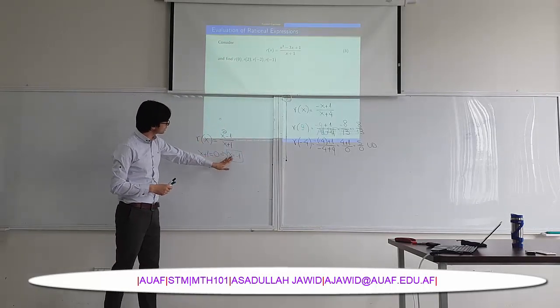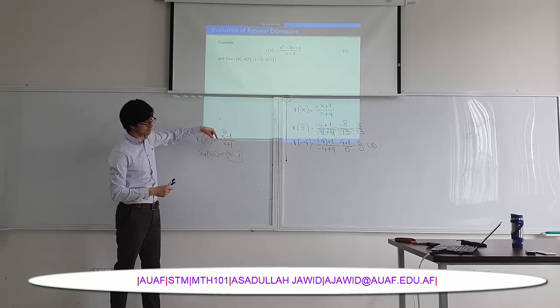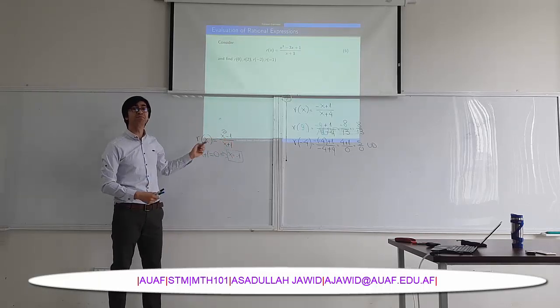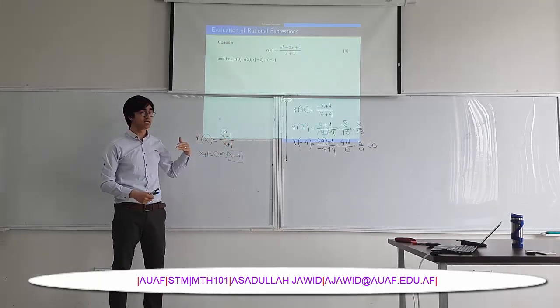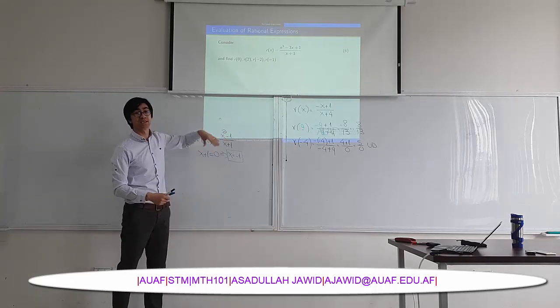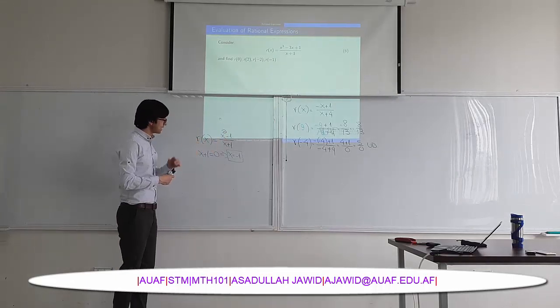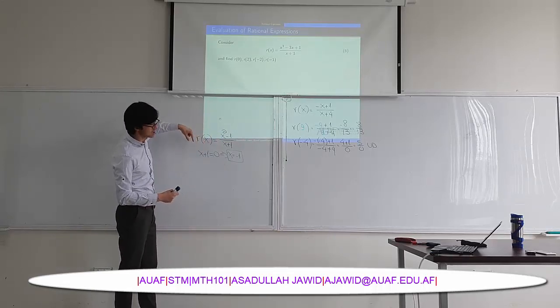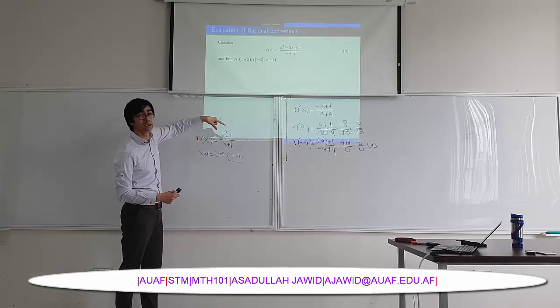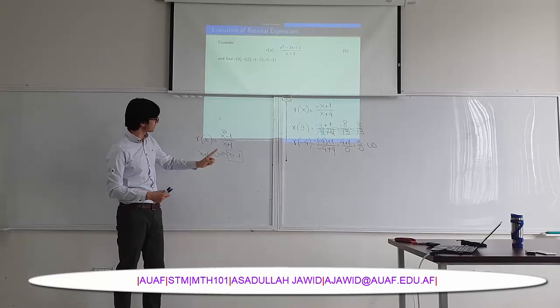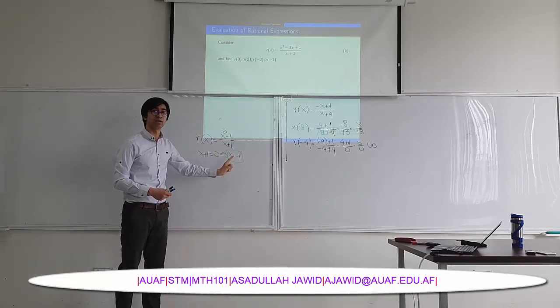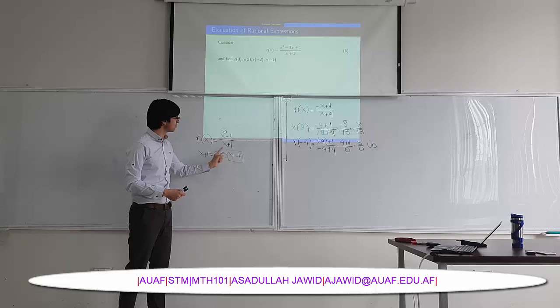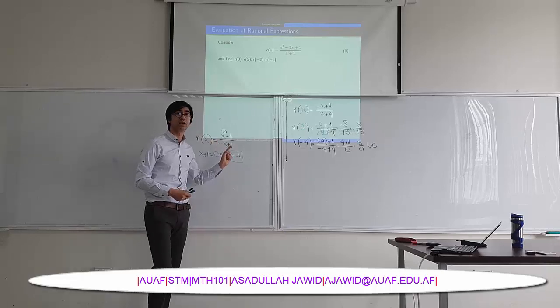Because minus 1 makes the denominator 0 and division by 0 is not defined. The outcome of this division is undefined. Therefore, I say that the value of this rational expression can be found at all numbers except minus 1. Why? Because minus 1 makes the denominator 0 and that is undefined.